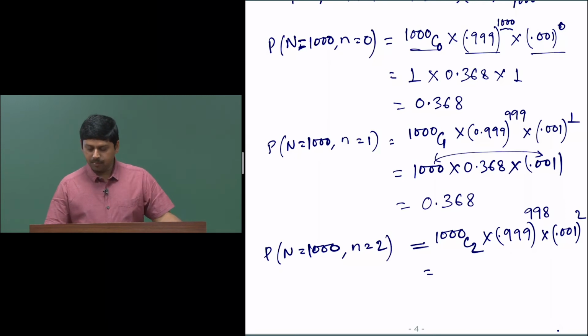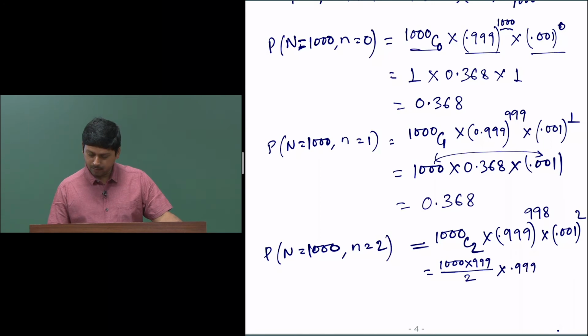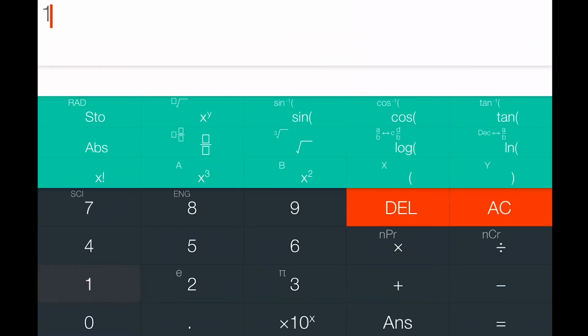Let us do the complete calculation in the calculator. 1000 C 2 I will do by hand, because the calculator may not work: 1000 into 999 divided by 2, and then 0.999 to the power 998, which will be almost 0.368, and then 0.001 to the power 2. As you can see, in this calculator 1000 C 2 is giving an error, so we are going to do our own way. 1000 into 999 divided by 2.